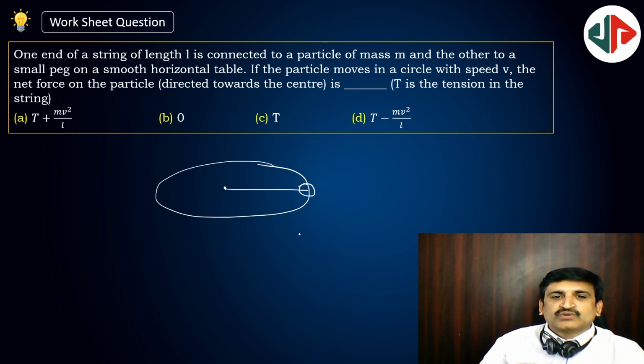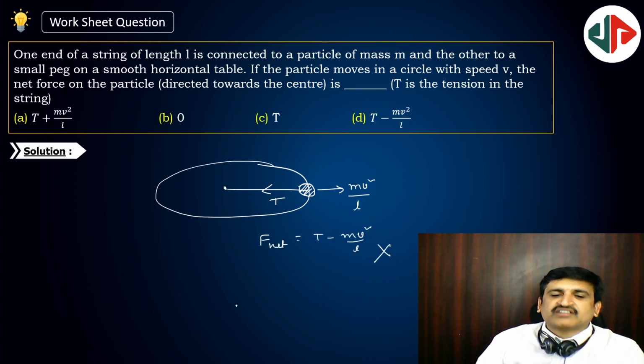So tension will be like this, and mv square by r will be like that. That is the centrifugal force, in the particle-centered system. Then the net force on the particle is T minus, but this is wrong. Why?